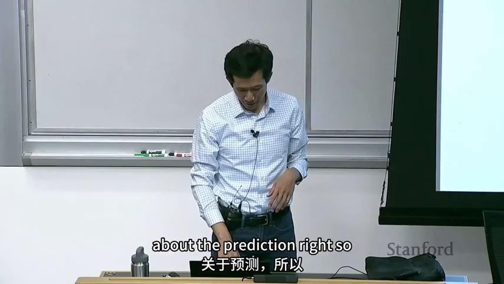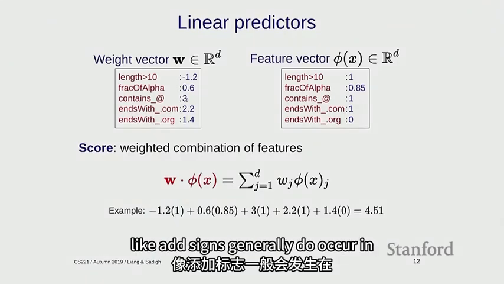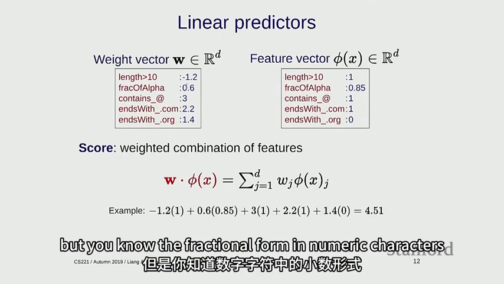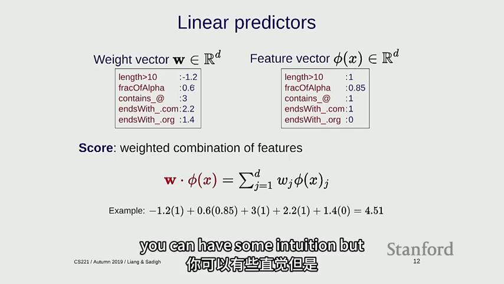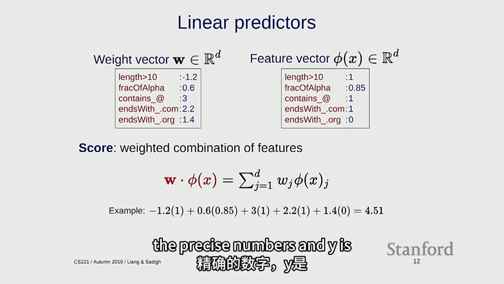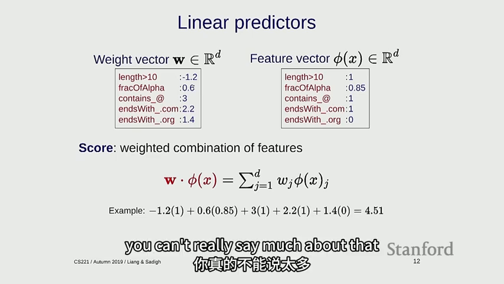So contains at is 3 because maybe at signs generally do occur in email addresses, but for the fraction of alphanumeric characters, it's less. So at that level, you can have some intuition, but the precise numbers, why is it 0.6 versus 0.5, you can't really say much about that.